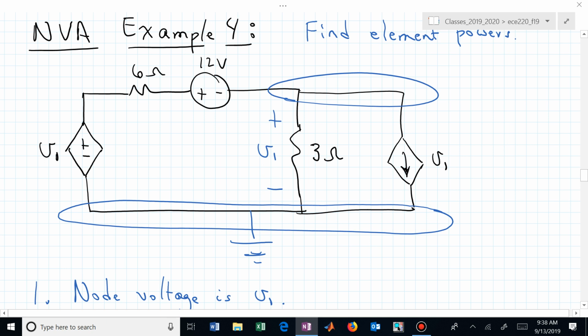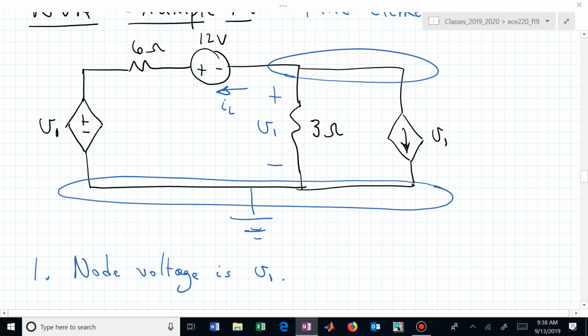Whoops, I forgot to give you all the information. So, what is that current? Can we find it? Well, if we knew it, we could now write KCL at that node voltage that we need, right?